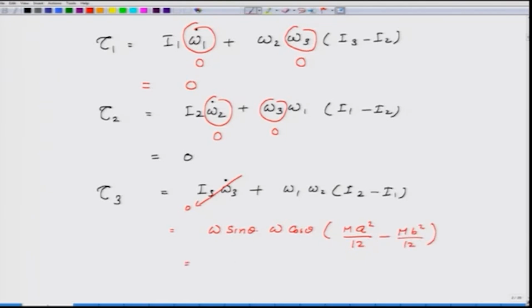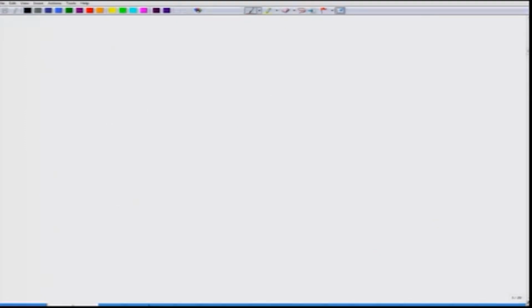So, this comes out to be omega square sine theta cosine theta m over 12 times a square minus b square. Since we have taken a to be smaller than b, we get tau 3 equal to minus m omega square sine theta cosine theta over 12 times b square minus a square, with a minus sign. That means it is in the negative 3 axis.